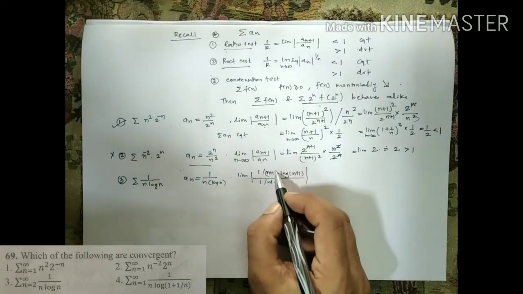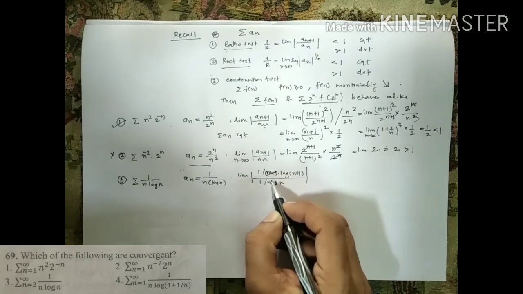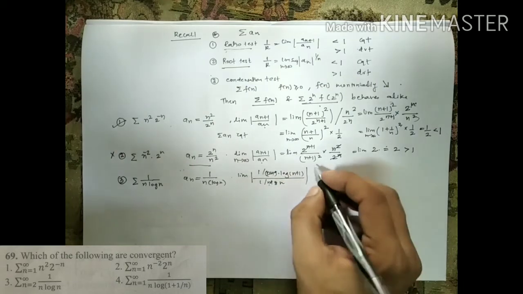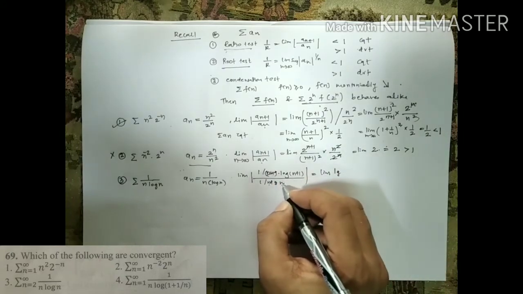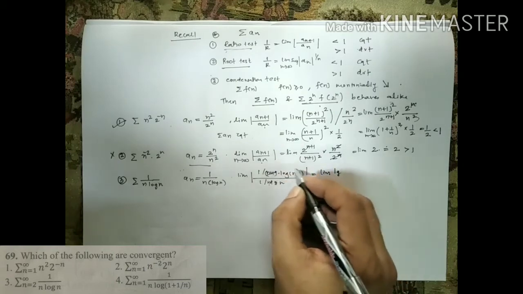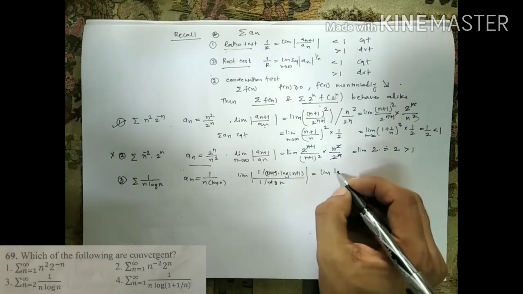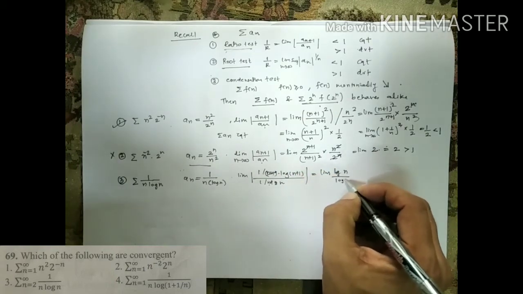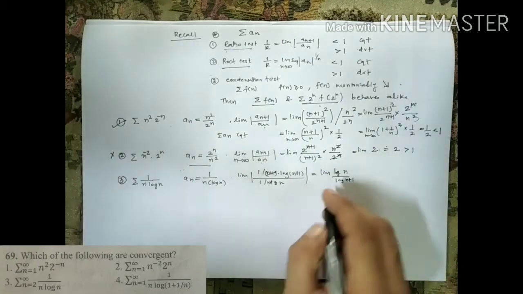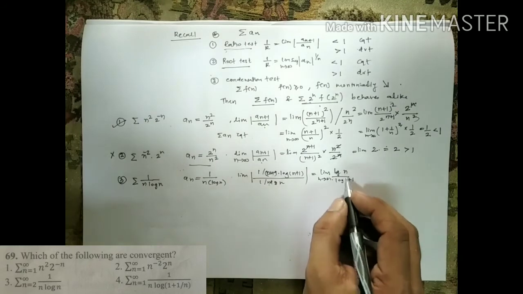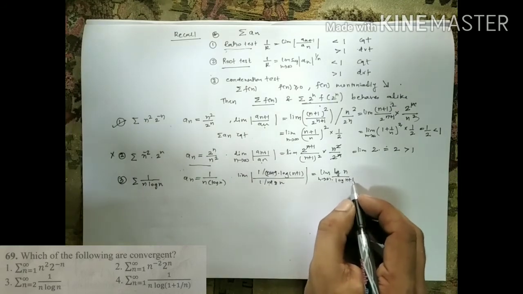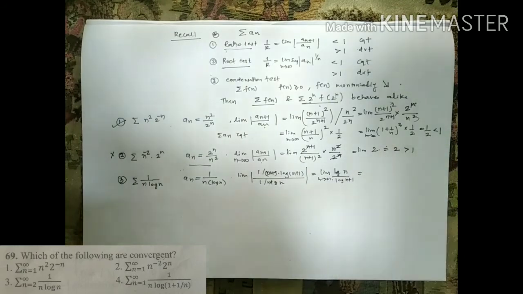Now see, this n+1 and n have the same degree, so it will cancel in a way. And also we have log n. This log n will go in the numerator, and the other log will come in the denominator. So log n divided by log(n+1). Now if I approach n towards infinity, then log infinity by log(n+1) means log infinity over log infinity, so this is an indeterminate limit.